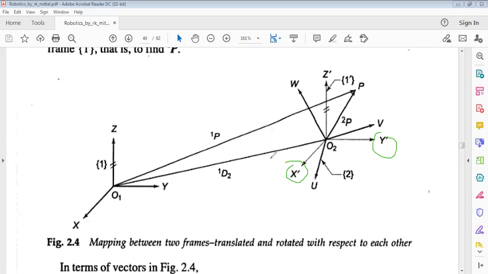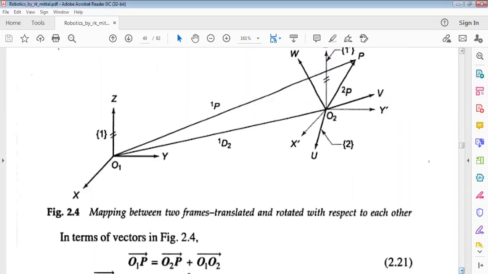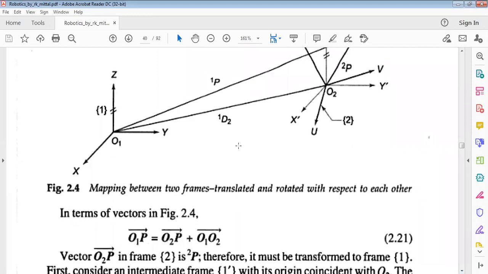So to formulate the mapping between the two frames 1 and 2, let us go through the mapping between these two kinds of frames. As earlier, here also three vectors are involved in this transformation for frames.